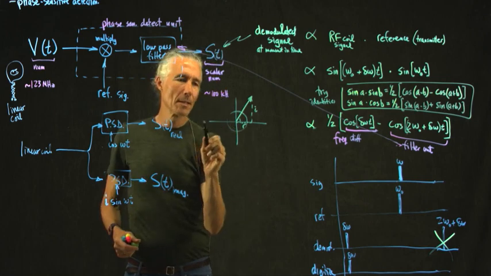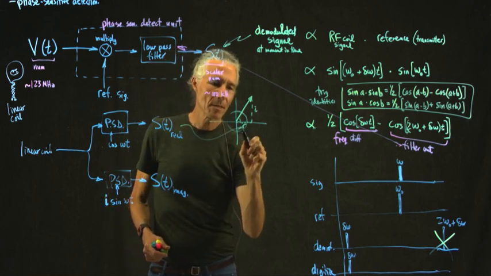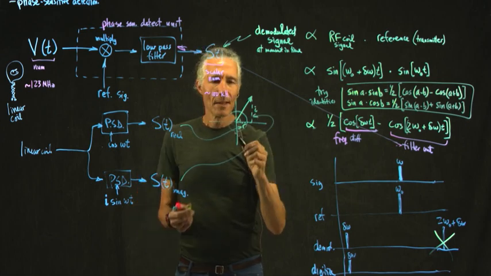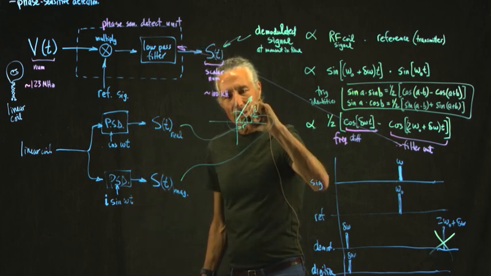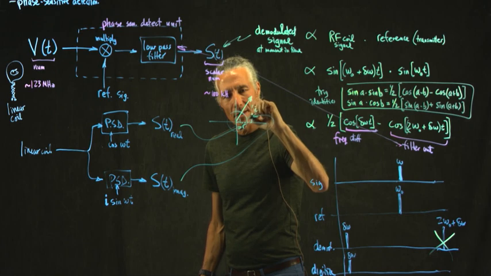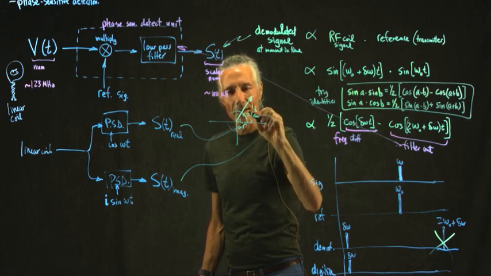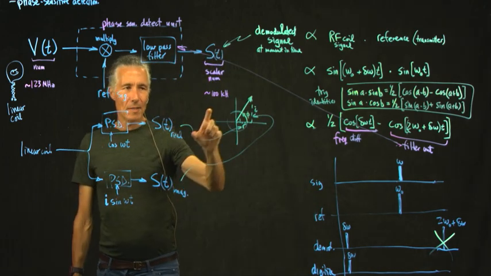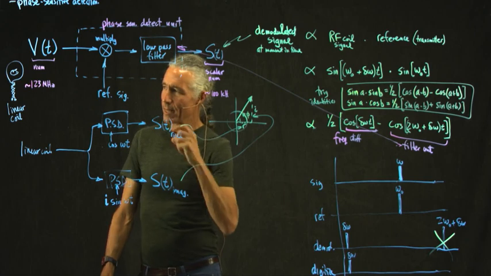So the real part goes here, and the imaginary part goes here, and that gives us this angle. It's basically the phase angle of that complex number at each point in time.